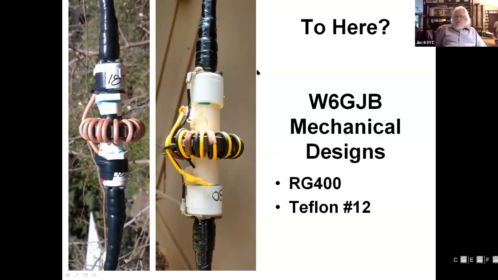These are a couple of designs by my major mechanical collaborator, Glenn, W6GJB, who, by the way, is a great mechanical engineer, an aeronautical engineer, retired from the space program, had his own company. When I first met him, he told me, Jim, I'm one of those guys that knows how to catch the satellites when they come back. So here are a couple of his designs, and these are for inline chokes, the egg insulator kind of choke.